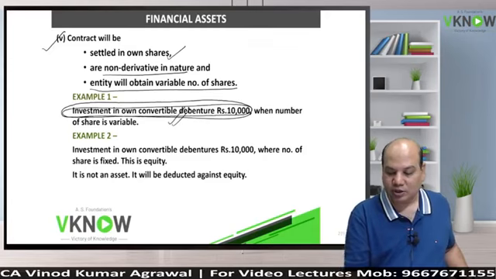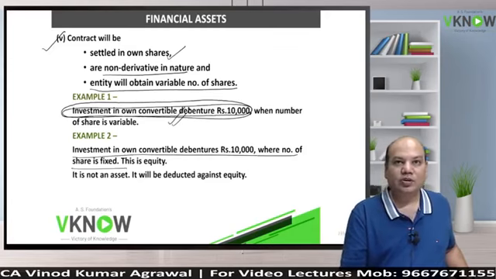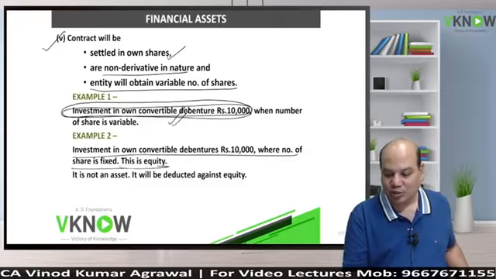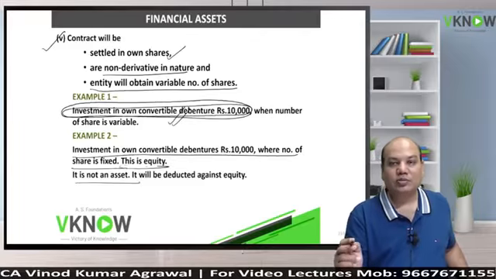At the same time, if I change the question and say I am holding my own convertible instrument, but it will be converted into a fixed number of shares, then it becomes an equity instrument. And once it becomes an equity instrument, it is not an asset. Very important, it is not an asset now.